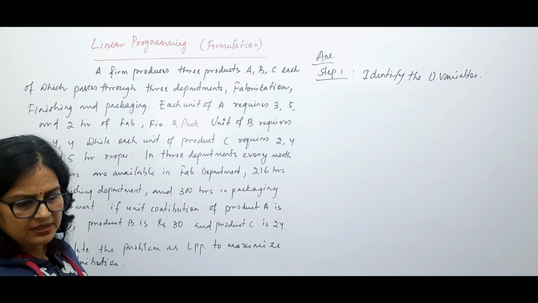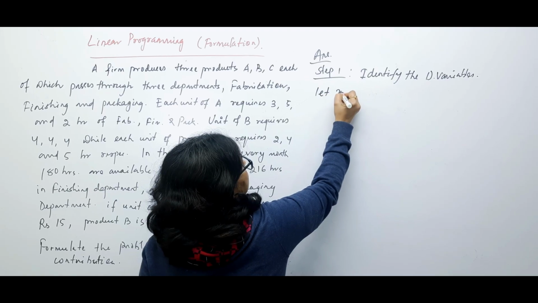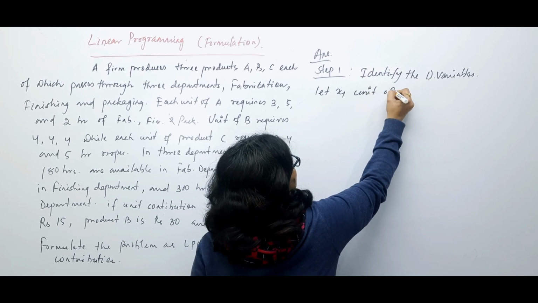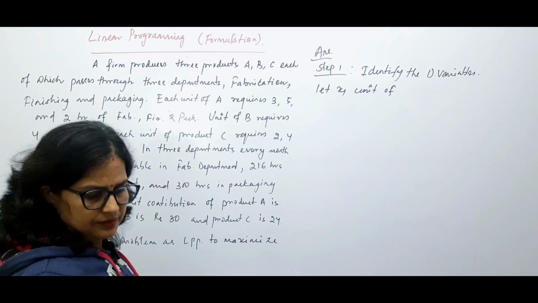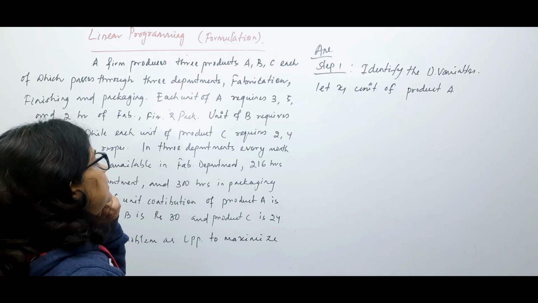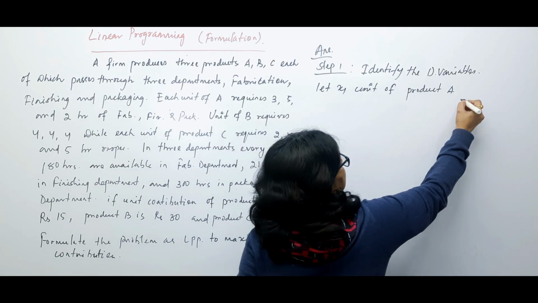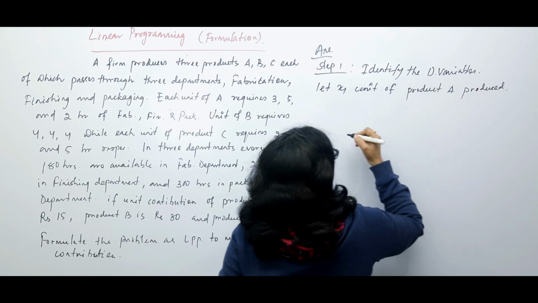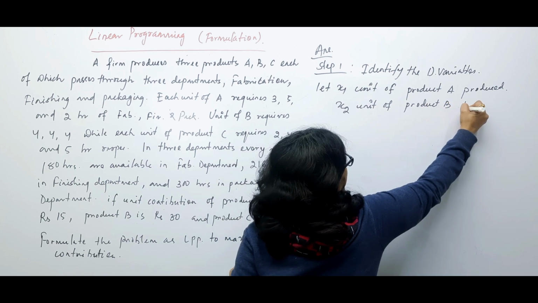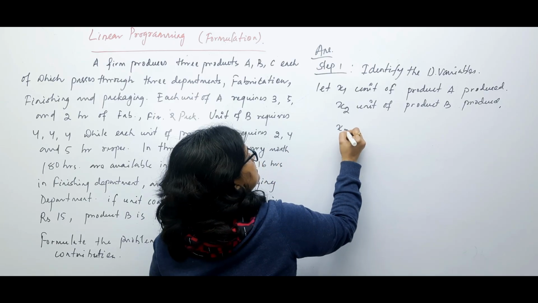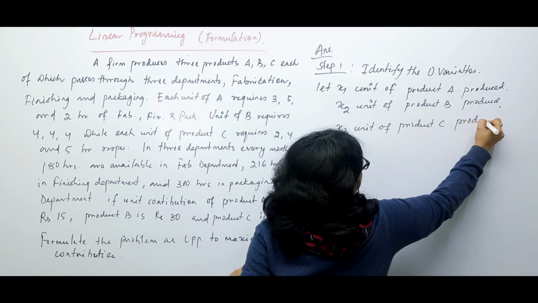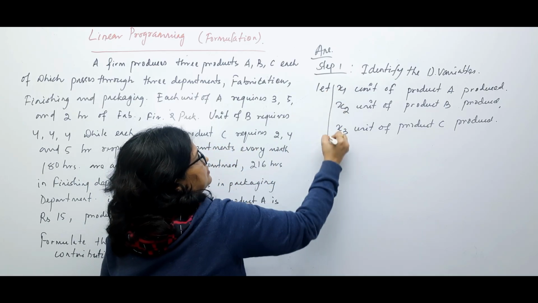Let x1 units of product A produced, x2 units of product B produced and x3 units of product C produced. So these are our decision variables.